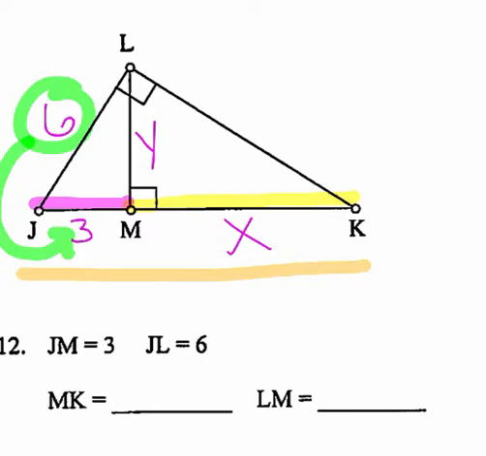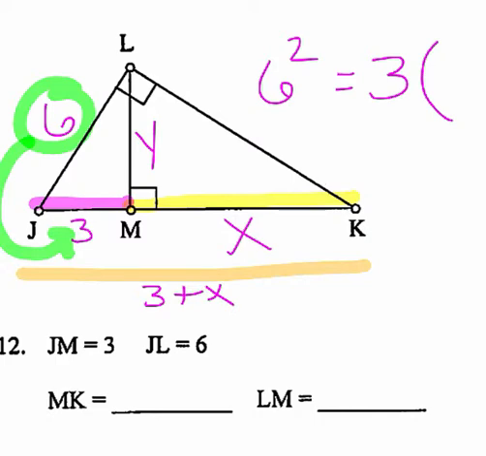So the equation is going to say the leg squared should equal the part that it's connected to, 3, multiplied by the entire hypotenuse. Now I don't have the whole hypotenuse, but I could say that the whole hypotenuse is just the sum of the two parts, 3 and x. So I could say 6 squared equals 3 times (3 plus x).